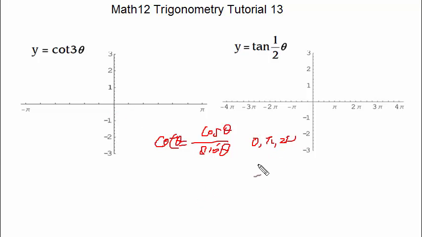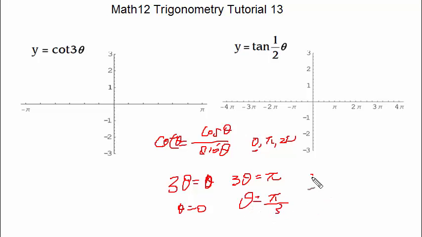So we're going to make 3 theta equal to its vertical asymptotes. 3 theta equals 0, so theta equals 0. 3 theta equals pi, so theta equals pi over 3. And then 3 theta equals 2 pi, and then theta equals 2 pi over 3.